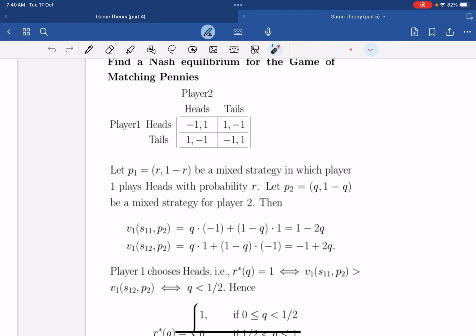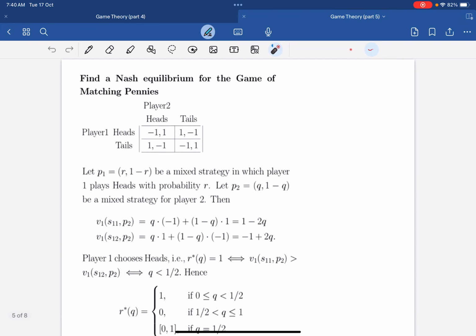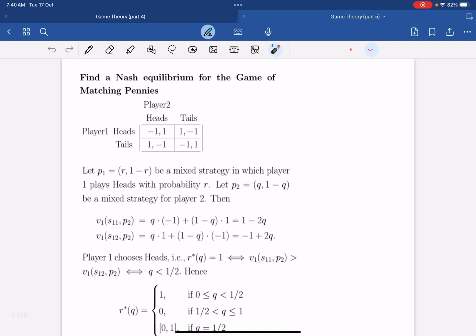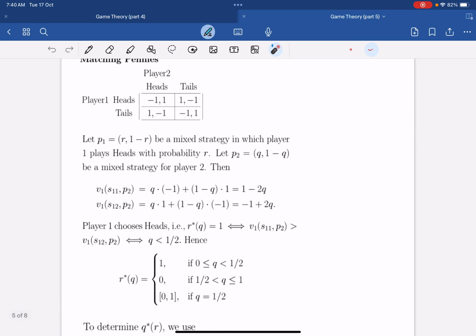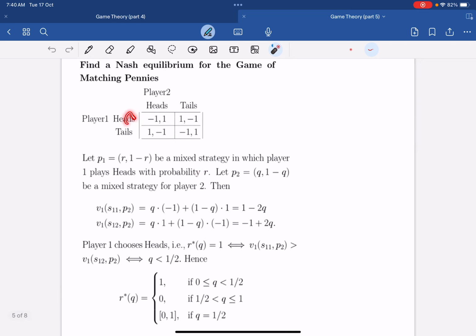And so let us now take the example of matching pennies to determine the Nash equilibrium for mixed strategy. So what you do is you let player 1 have the probability R of choosing heads and 1 minus R choosing tails. For player 2, you have Q and 1 minus Q. Then the payoff for when you have chosen heads, in this scenario, is minus 1 times Q plus 1 minus Q times 1.